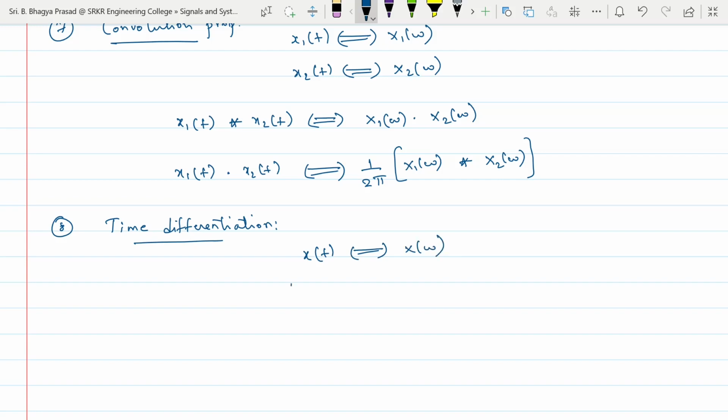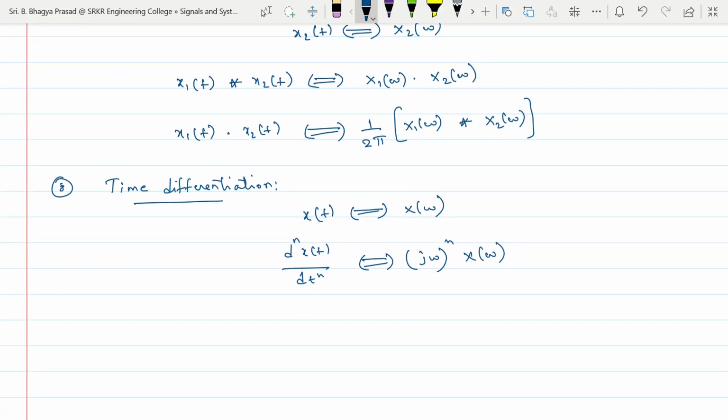If you differentiate x of t n times, its Fourier representation will be j omega power n times x of omega. For example, if you take the one time derivative, that is dx of t by dt, its Fourier representation is j omega x of omega.